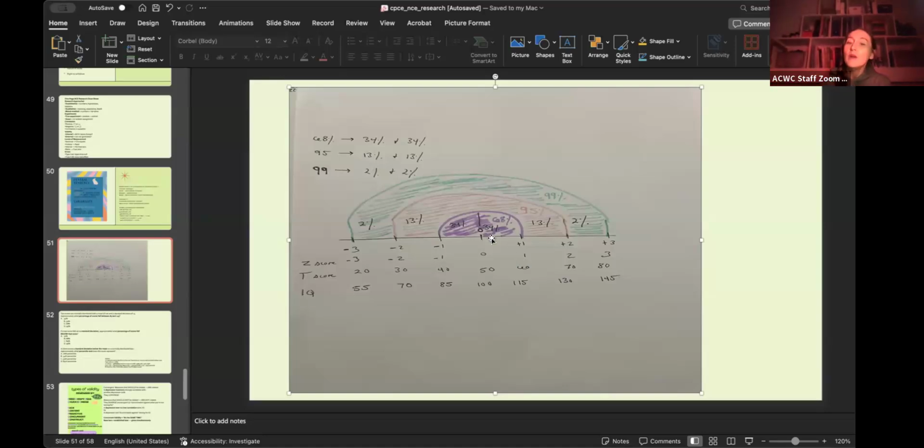So that's 34%. And in the next little arc in the rainbow, on just the positive side for the 95%, it's only 13%. And remember, 99% is the fewest number of people. So the half on the positive side is only 2% of people. On the negative side, below the average, that's only 2% of people. So that's why those percentages are there like that. But that's just that normal bell curve. That's what all this is talking about right here.